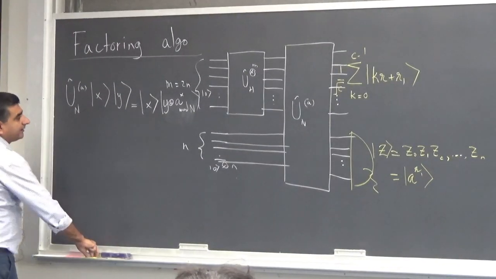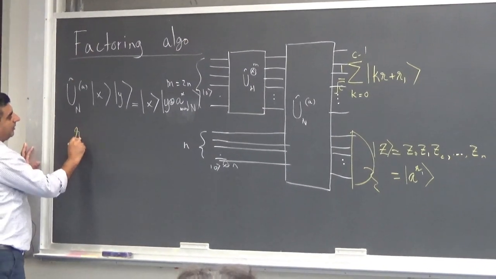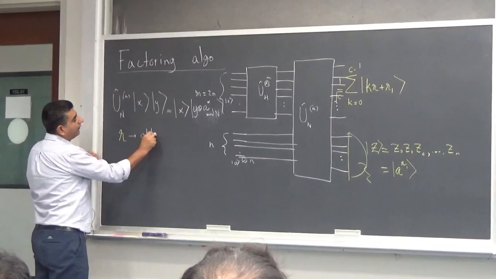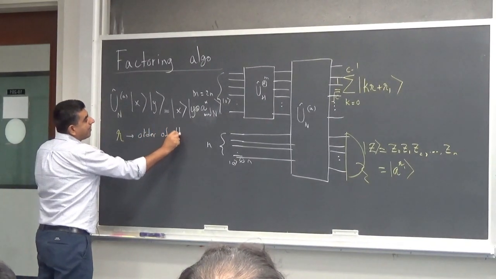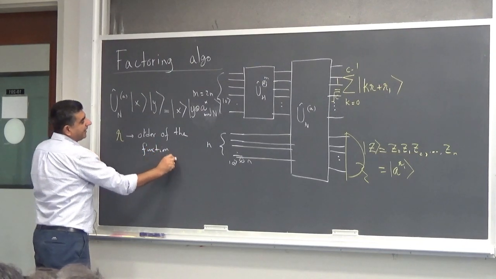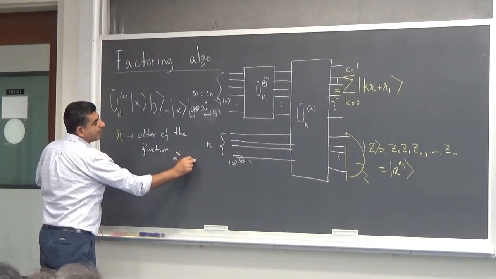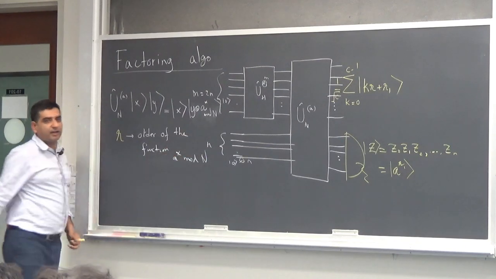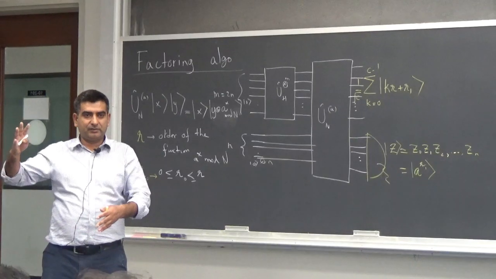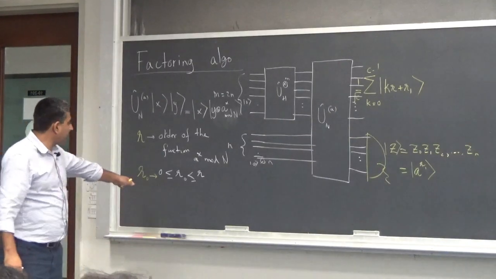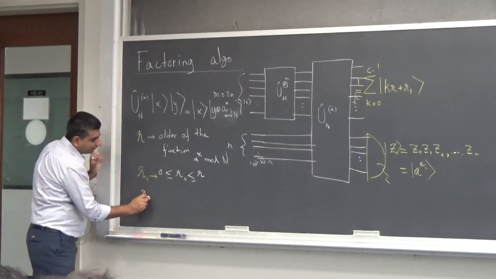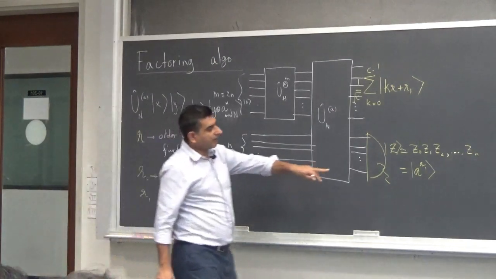One is the r, which is the order of the function a^x mod n, right? So this is r. We don't know this r. We want to find out this r. So this was our second kind of r, r naught. And the third kind of r that we now see is r1.